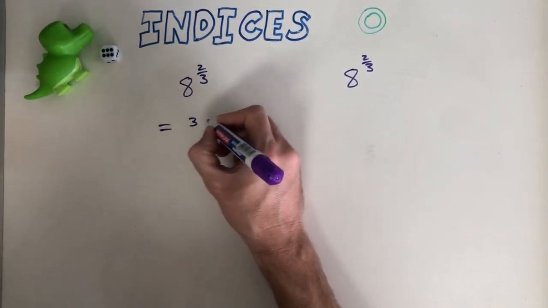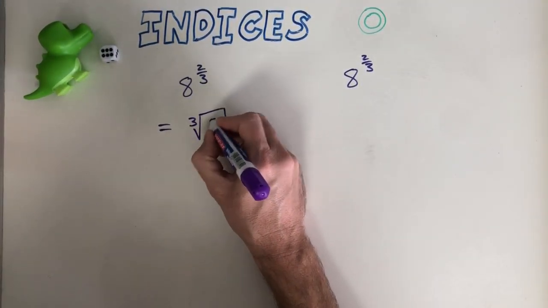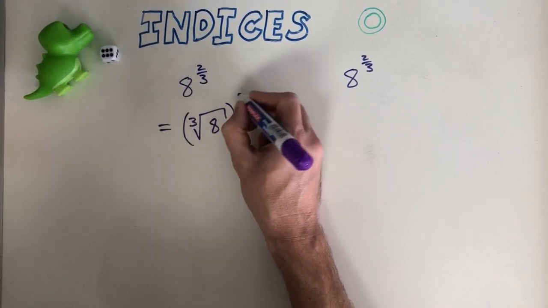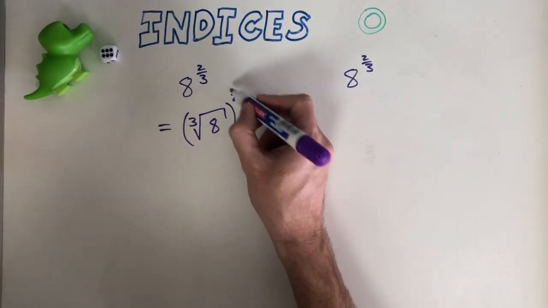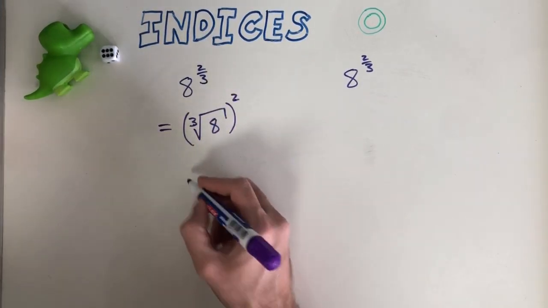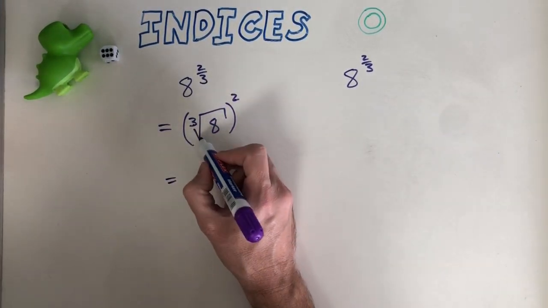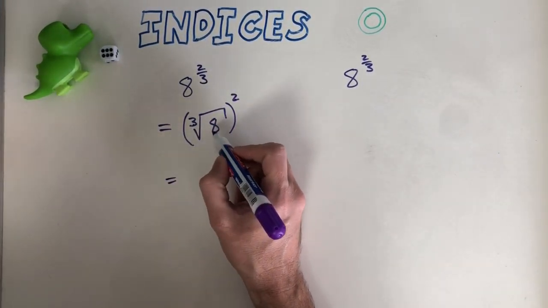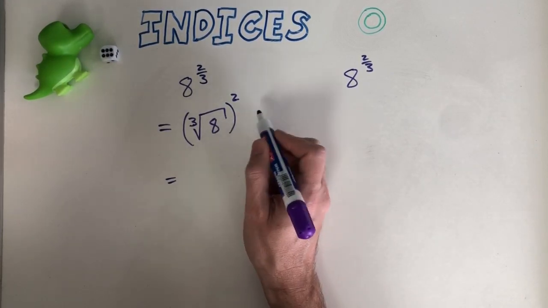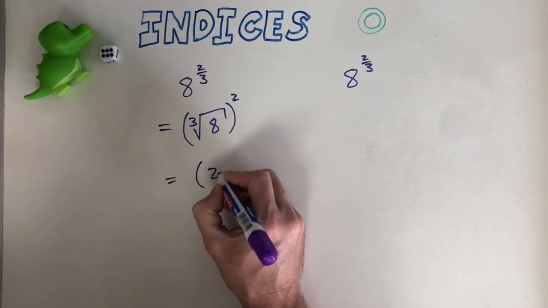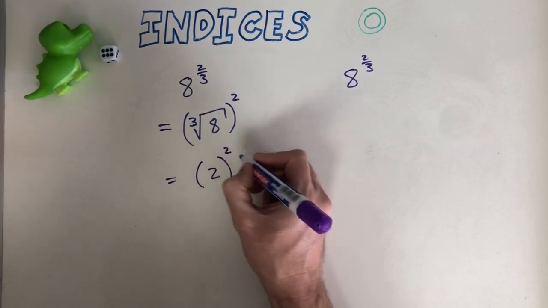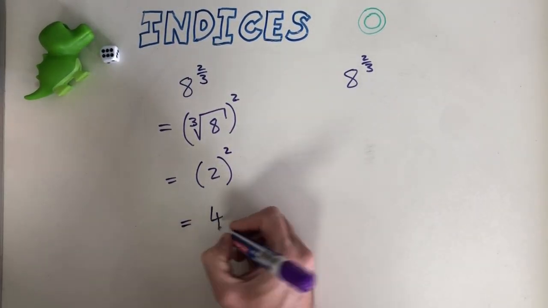I would take the cube root of 8 and I would square that. So this 2 is that 2 and this 3 is this 3. The cube root of 8 is like what times what times what gives me 8, so that would be 2. And then it would just be squared, and in this case it's 4.